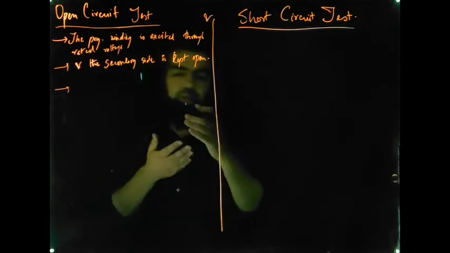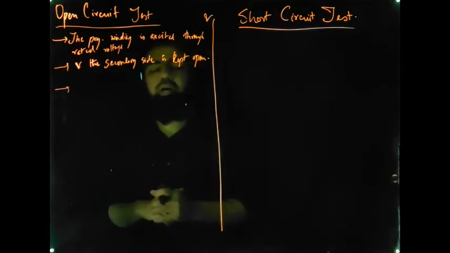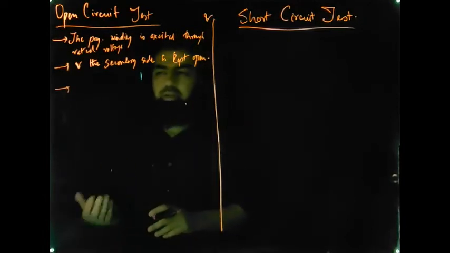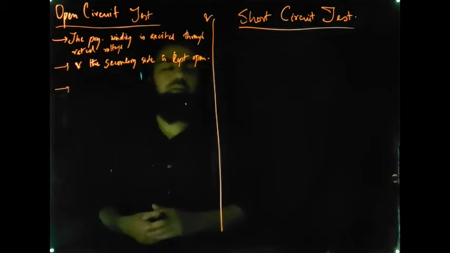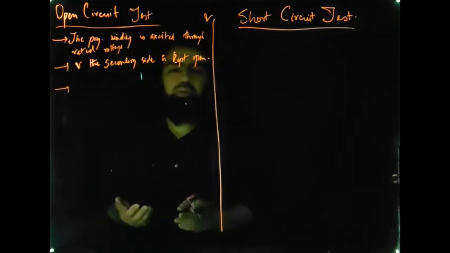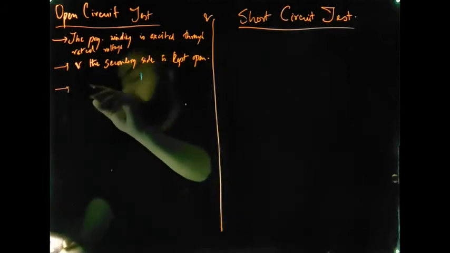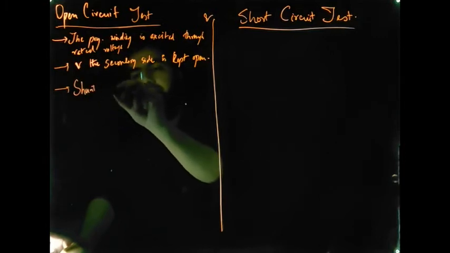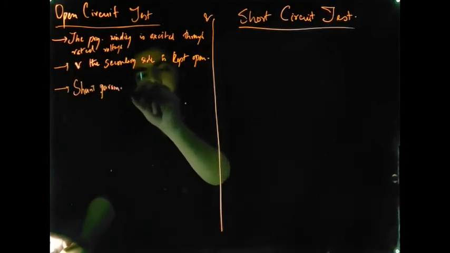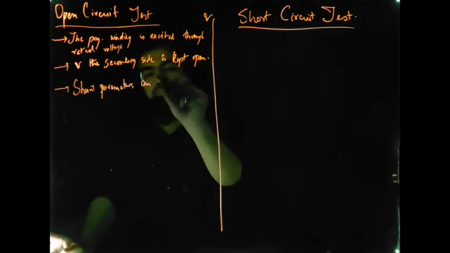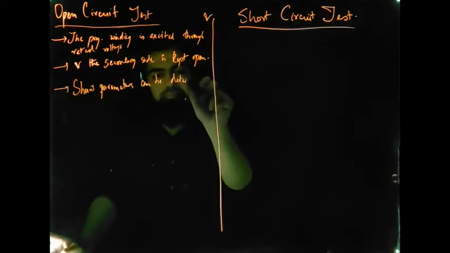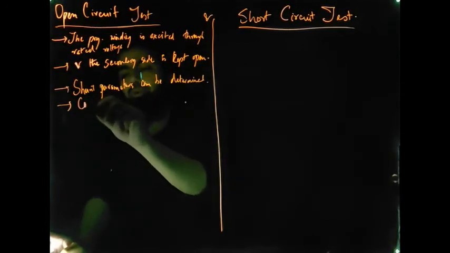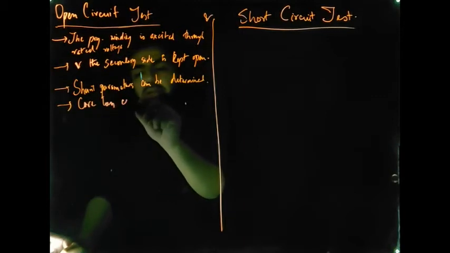The input voltage will be contributing to the voltage drop in RC and XM, while the voltage drop in the primary resistance and the primary reactance will be very low, so that we can actually neglect them. So we can determine the shunt parameters using the open circuit test. And that also means core loss can be determined using this.